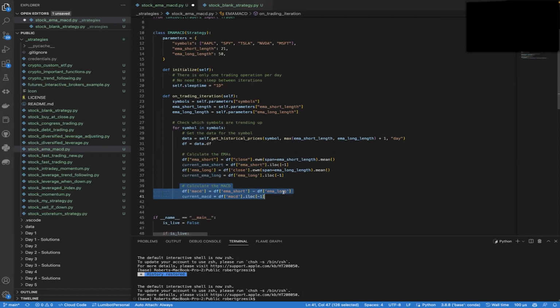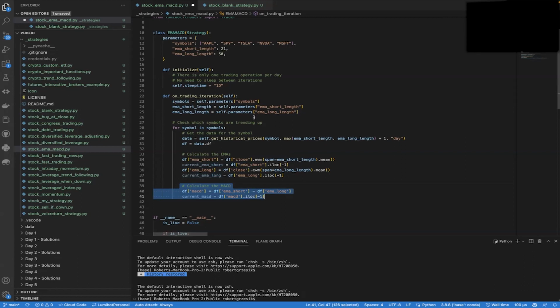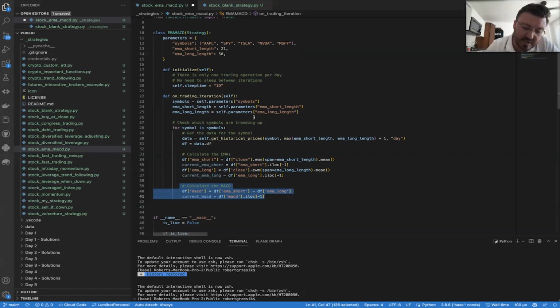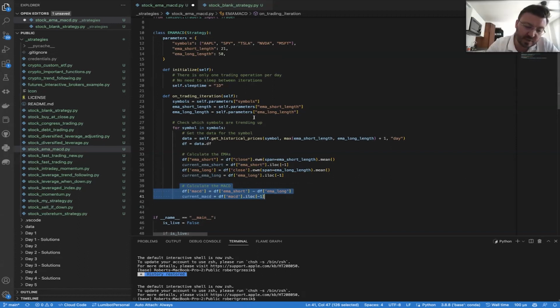Right. As I told you, they use MACD for confirmation, and they use different parameters for MACD. They don't use the same EMA numbers on the MACD. Oh, I see, that makes sense. So you have different time periods. Do you have any specific time period you want to use?